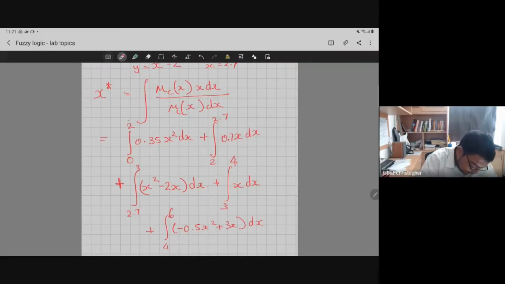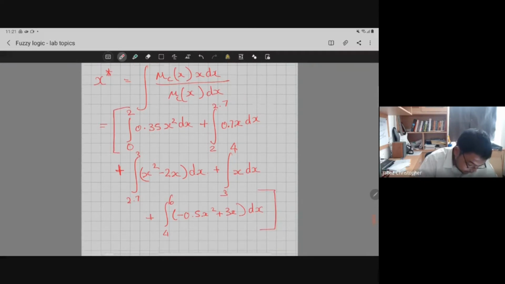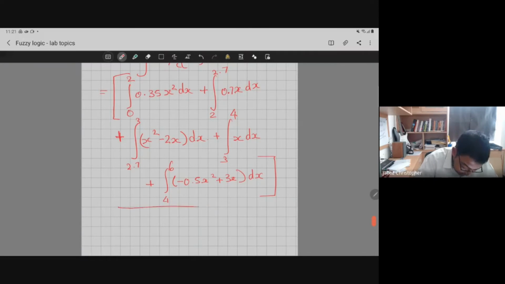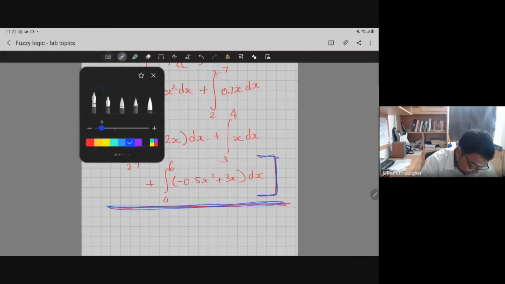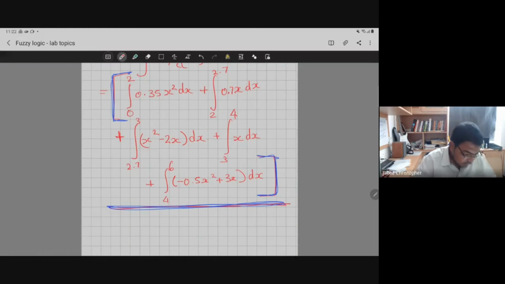This whole thing constitutes the numerator. So don't confuse. This whole thing now with the entire area. So this is with respect to x.